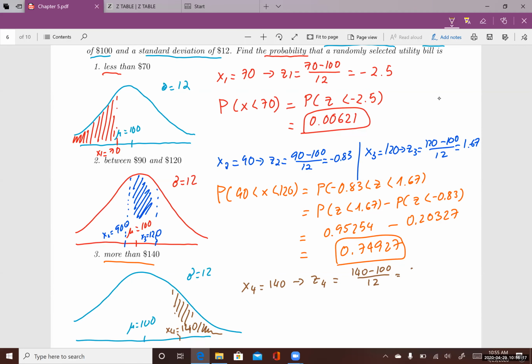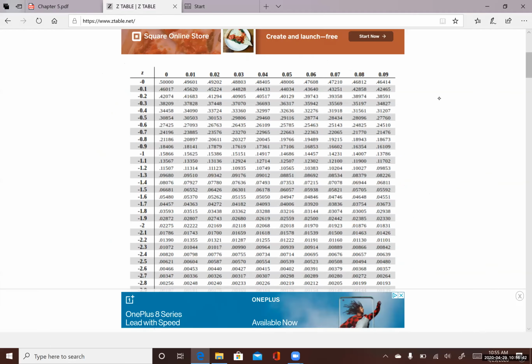You get around 3.33. Okay. And then you can find the probability of X is greater than 140. It's the same as the probability of Z is greater than 3.33. It's the same as 1 minus the probability of Z is less than 3.33, which is 1 minus, what is 3.33?